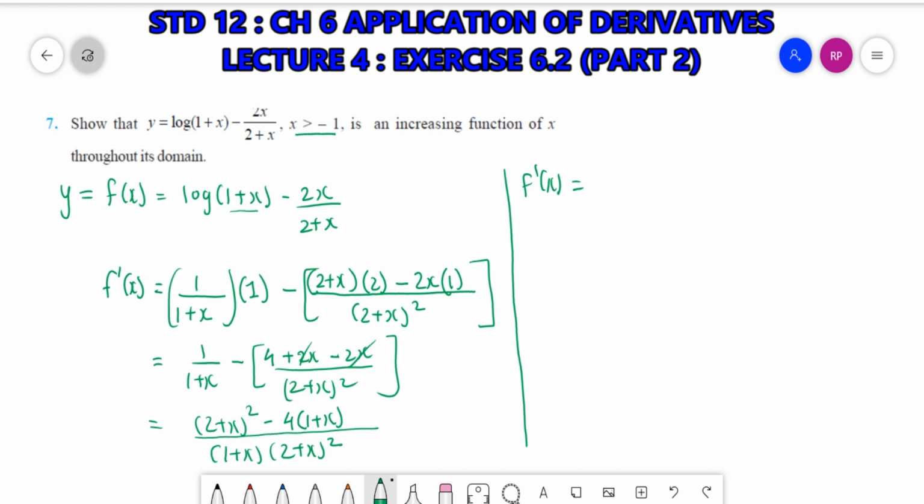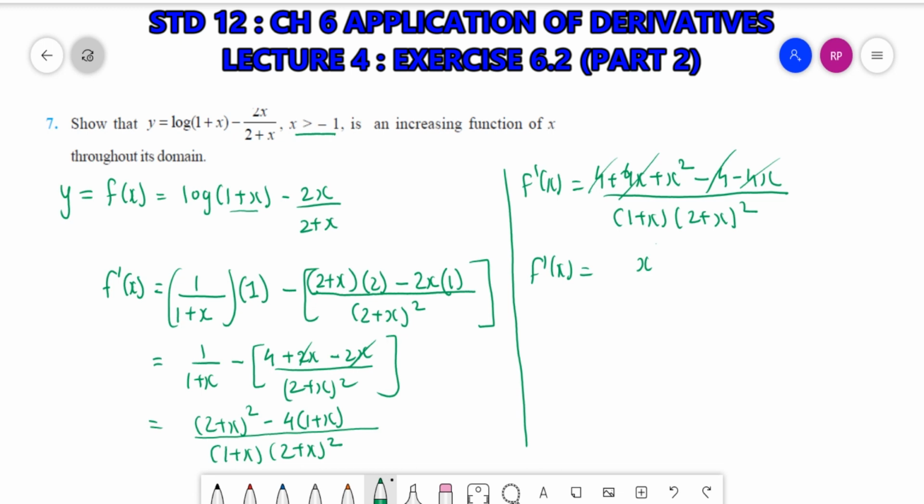So (2 plus x) whole square is 4 plus 4x plus x square, minus 4 into 1 plus x, that is minus 4 minus 4x, upon (1 plus x) into (2 plus x) square. 4x minus 4x and 4 minus 4 get cancelled. So f dash x is equal to x square upon (1 plus x) into (2 plus x) whole square.